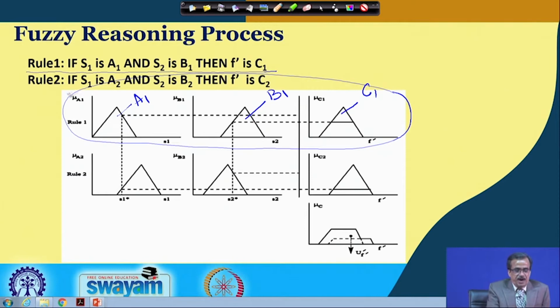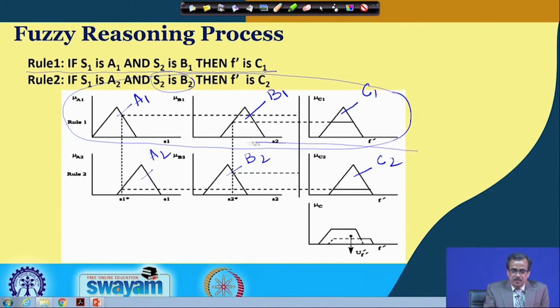Similarly, the second fired rule: if S1 is A2, this is the membership function distribution for A2, and S2 is B2, this is the membership function distribution for B2, then A prime is C2. So, this is C2.